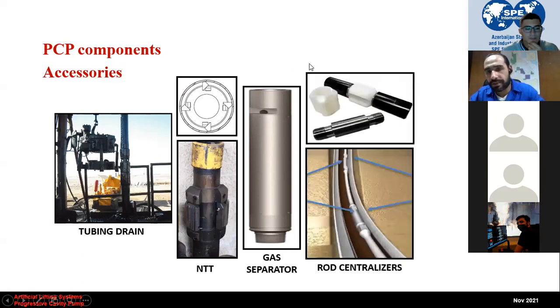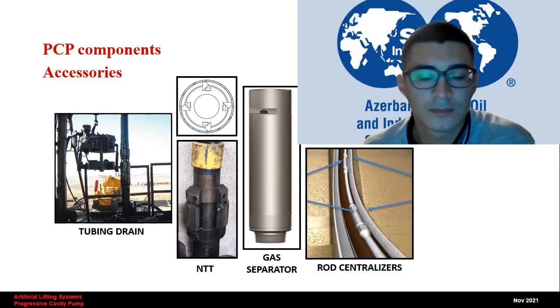Rod centralizers. Those will be very, very important when we are designing or running a hole in a deviated well, or crooked or horizontal well. Those will help the sucker rod to be centralized inside the tubing string. Otherwise, the sucker rod will rely on the backside of the tubing, and the friction between this metal sucker rod and the metal tubing will be high.